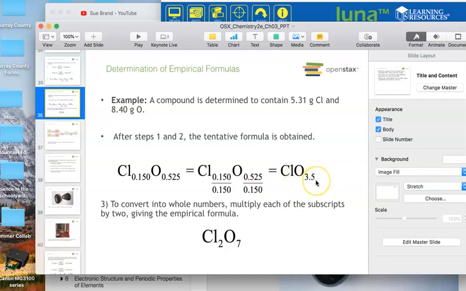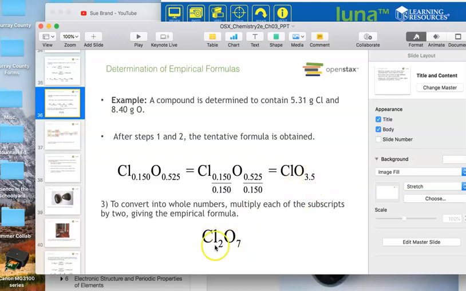So that fourth step, multiply to a whole, means that once you divide the number of moles by the smallest number, if you don't have a whole number, then you have to multiply each one until you get a whole number. So here the subscripts are 1 and 3.5. All right, so if I multiply by 2, 1 times 2 is 2. 2 times 3.5 is 7.